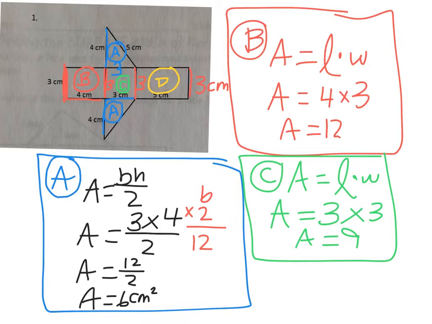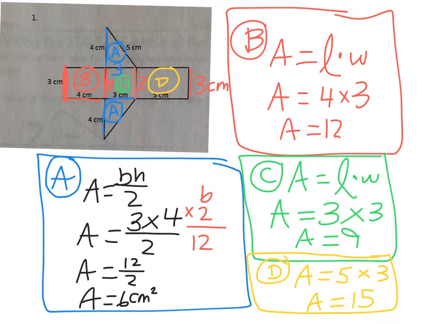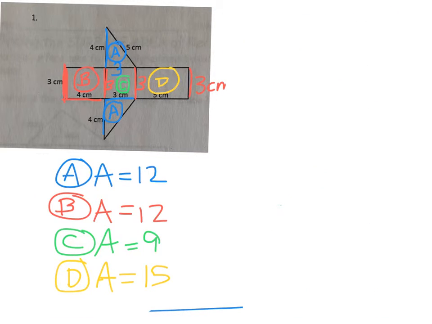Now let's talk about shape D. Shape D has a length of 5 and a width of 3, so shape D has an area of 15. And there's only one shape D, so we know we're good. So now we have our area of each individual shape. We can add all of them together to get our total surface area.